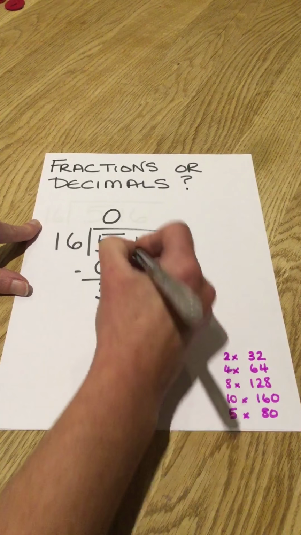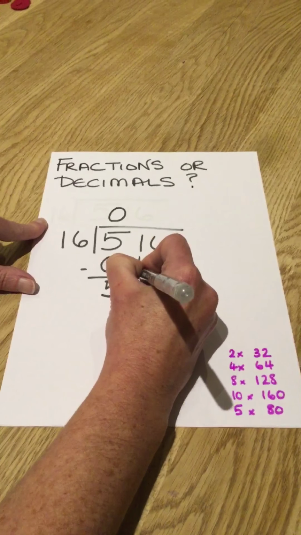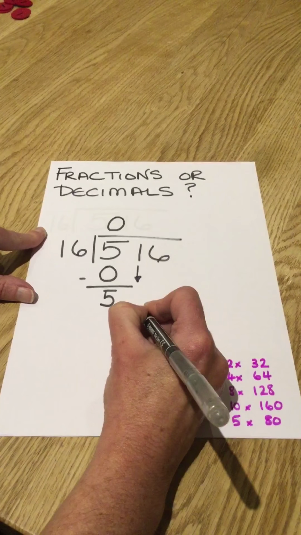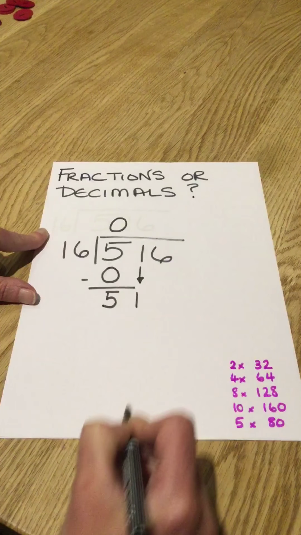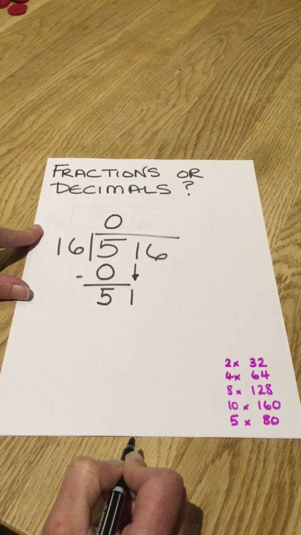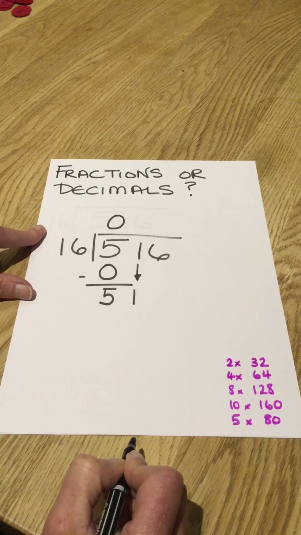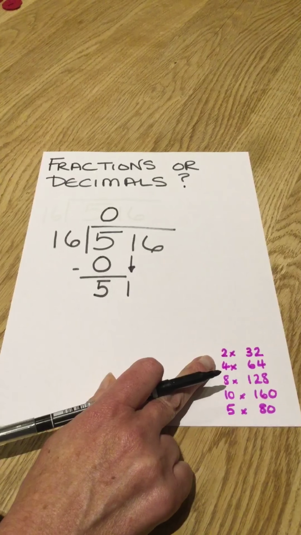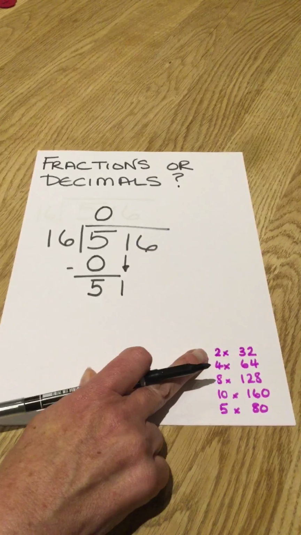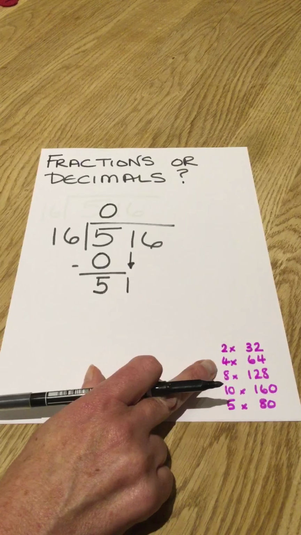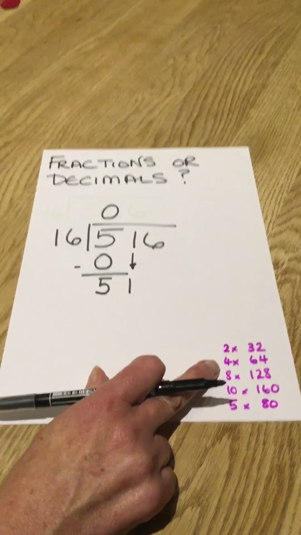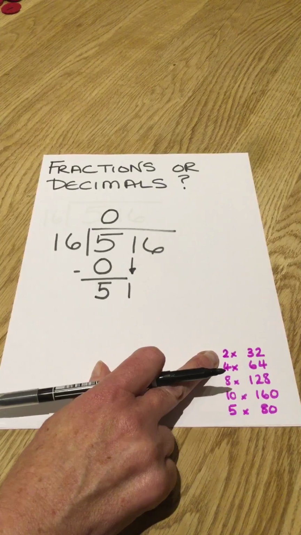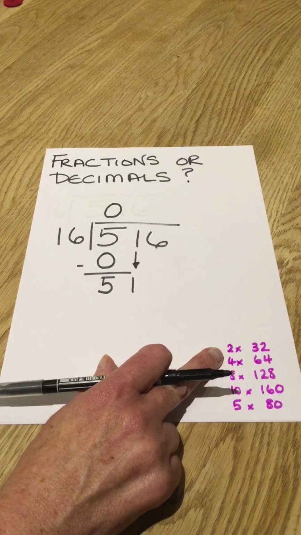I need to turn those into tens because I don't have enough to give everyone 1. So I have 51 tens altogether. If I look at my little calculation, I can see that the closest value is 2. 4 is too big, so I know that my answer has to be 3 lots of 16.